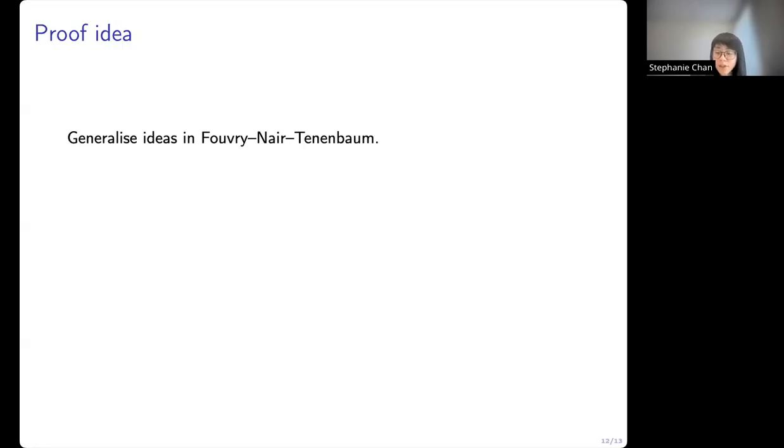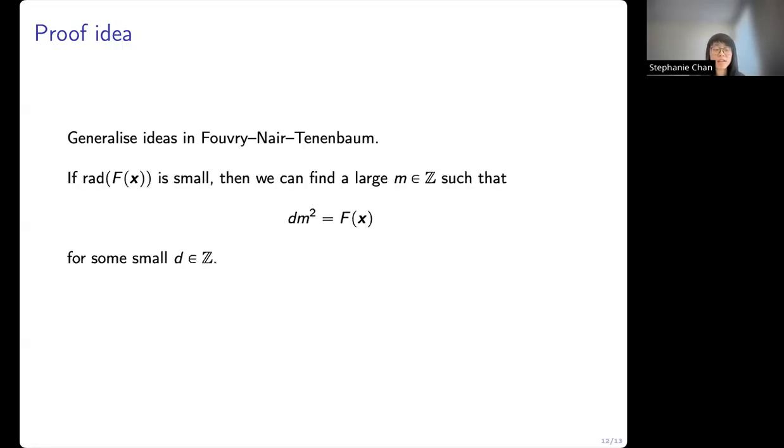One observation that is key to even start the proof is that when the radical is small, then we should expect a large square factor that divides the polynomial.